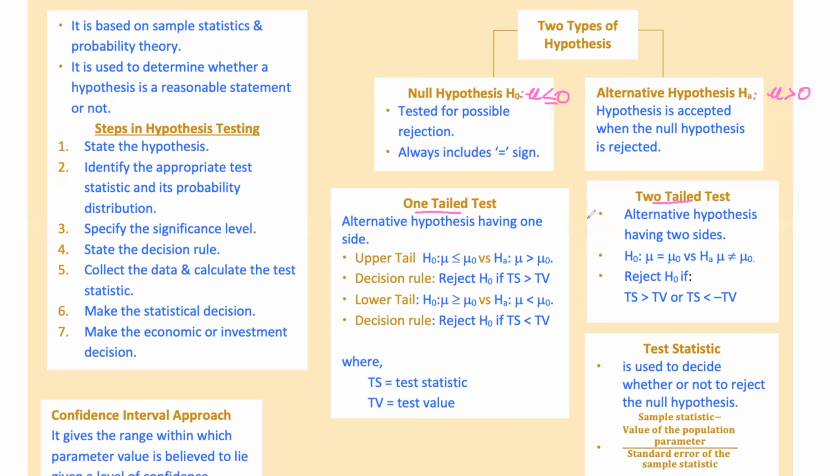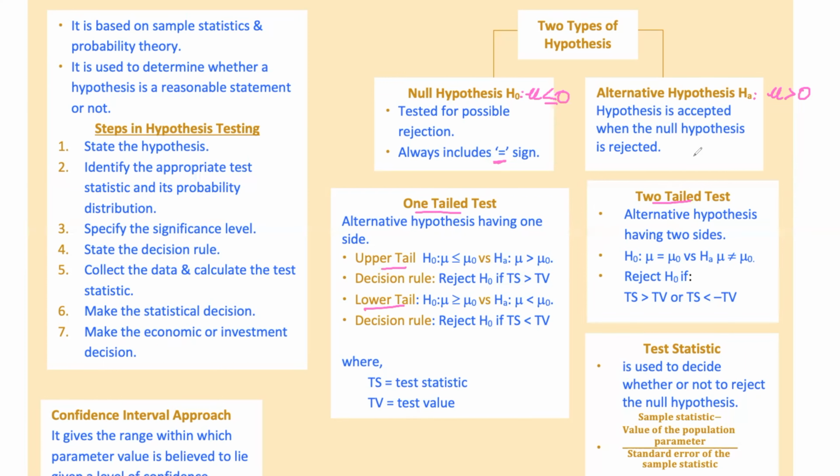A two-sided test looks for any significant difference, while a one-sided test looks for a difference in a specific direction. It's like checking if your coffee is too hot or too cold, two-sided, versus just checking if it's too hot, one-sided. The null hypothesis always includes an equality, while the alternative hypothesis includes an inequality.